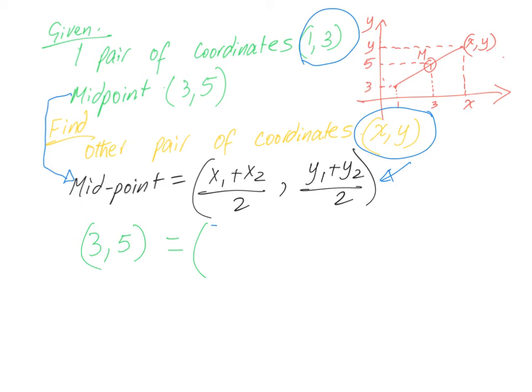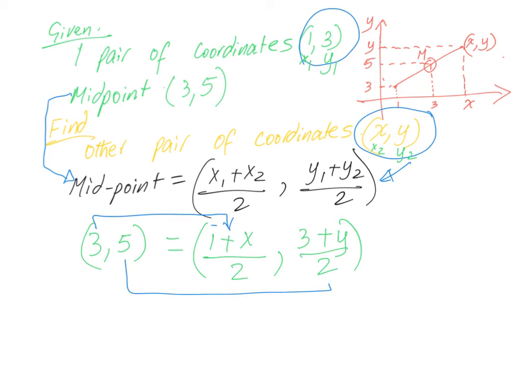And let's plug in these values. One of the x1 values, we can take this as 1, and the x2 value is x, divided by 2, and then the y1 value is here, which is 3, plus y2, which is y, divided by 2. So now we got this. Now we'll just compare. So 3 will be equal to the x part and 5 will be equal to the y part. And let's solve this.